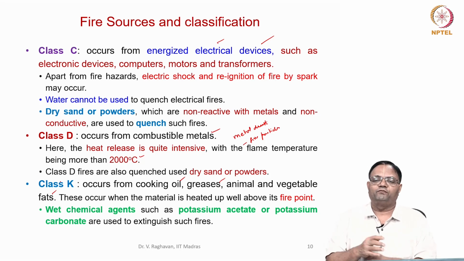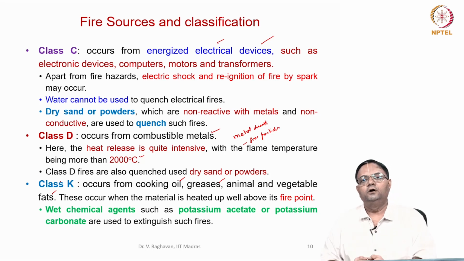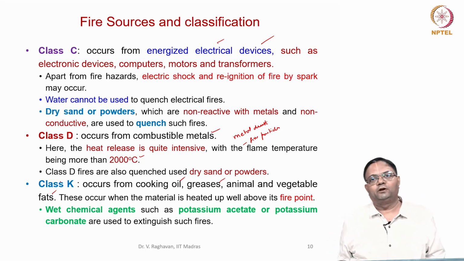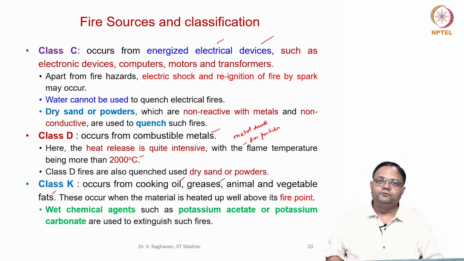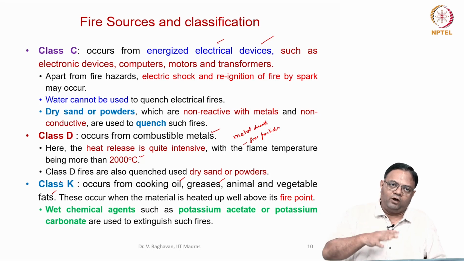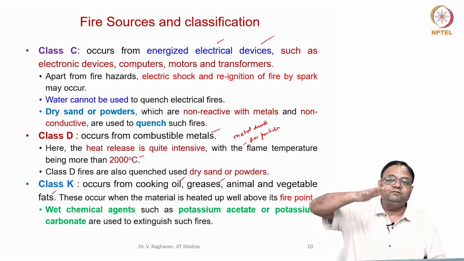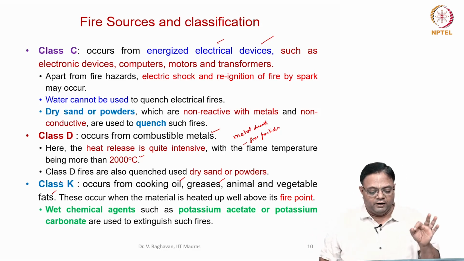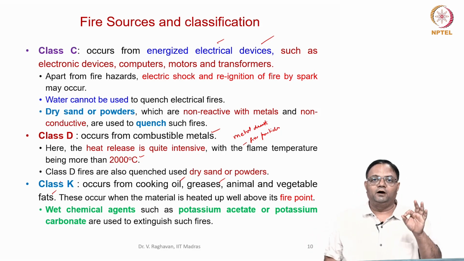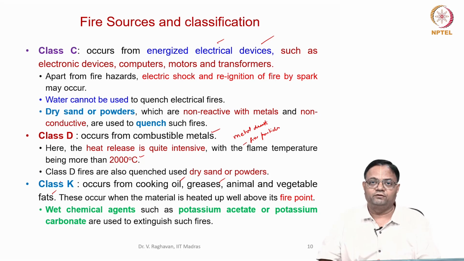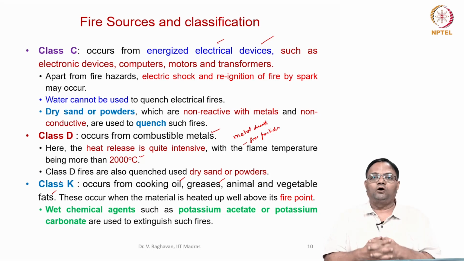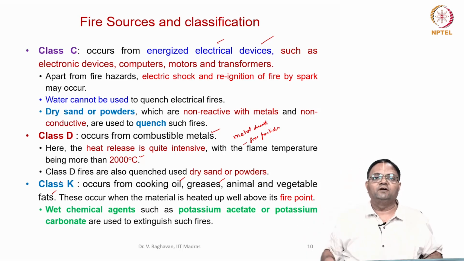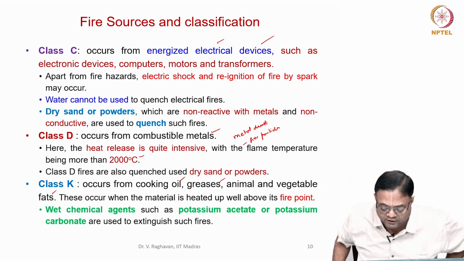When you try to fry something in a pot with oil, if the oil temperature increases beyond a particular value called the fire point, oil vapors come out from the surface and mix with atmospheric oxygen, and at a particular condition there will be an ignition of the oil surface. Basically the oil in the pot will burn, with a flame over its surface.